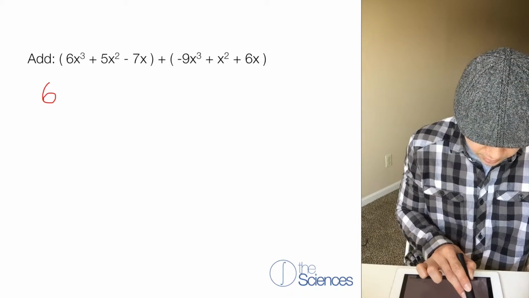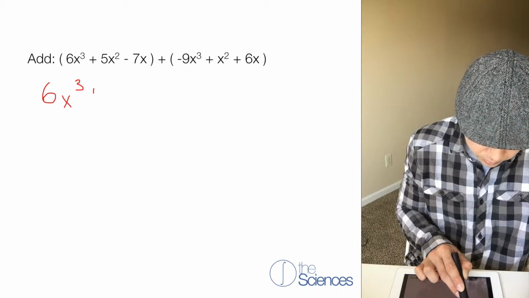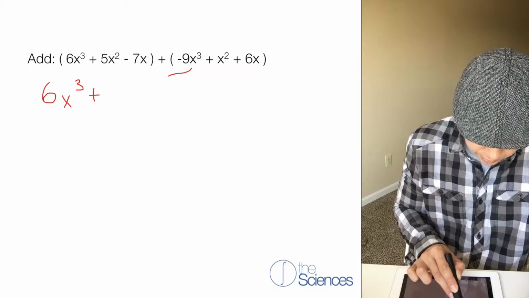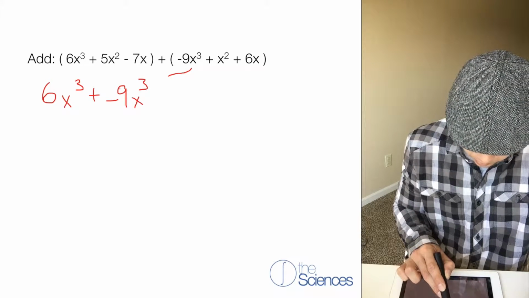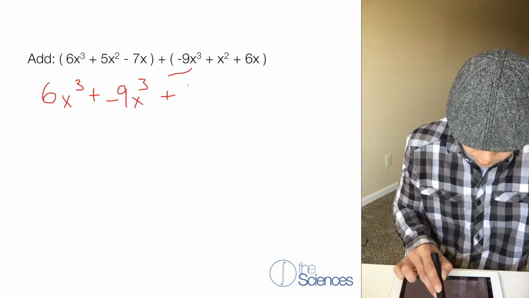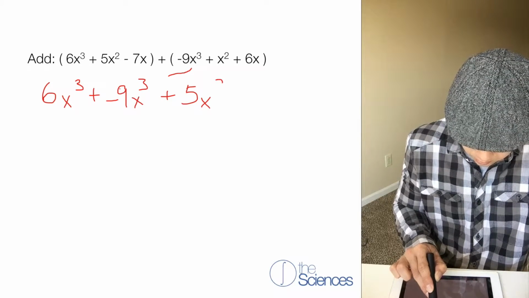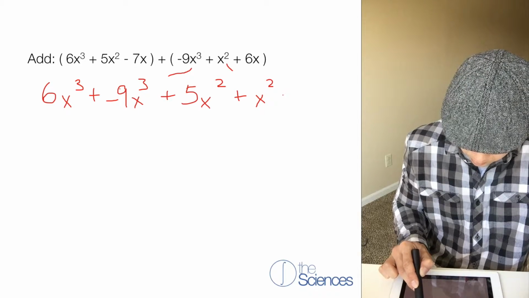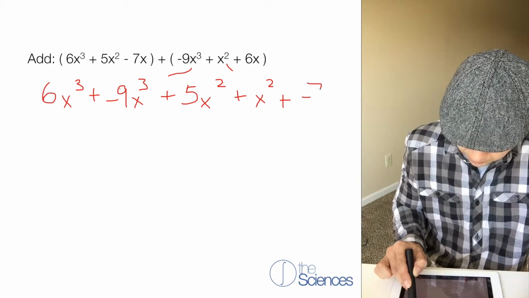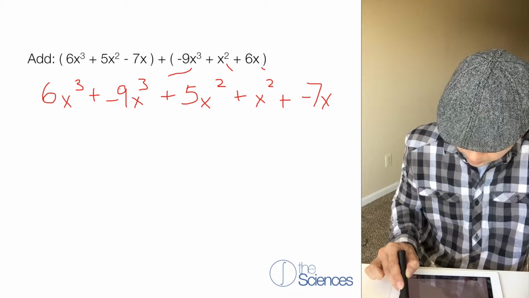So here we have 6x cubed plus negative 9x cubed plus 5x squared plus x squared plus negative 7x plus 6x.